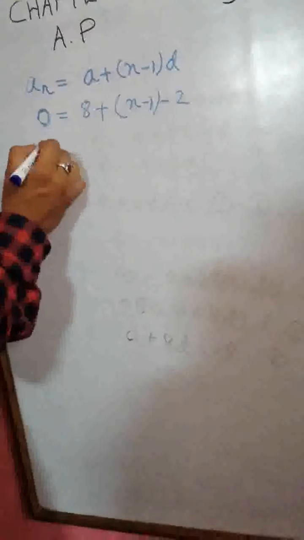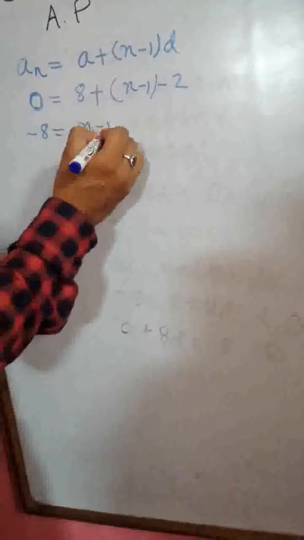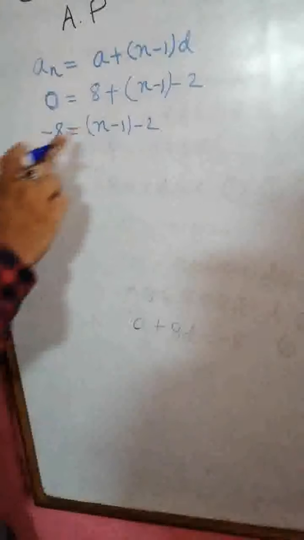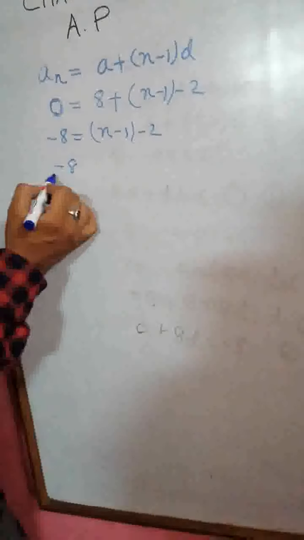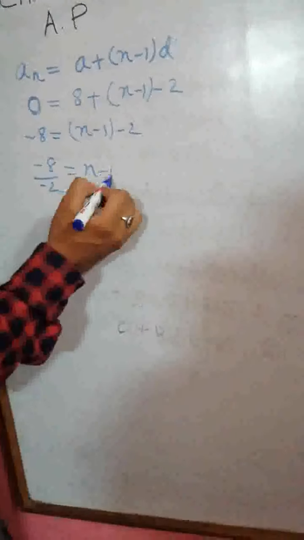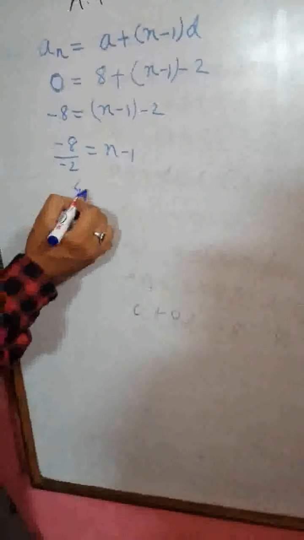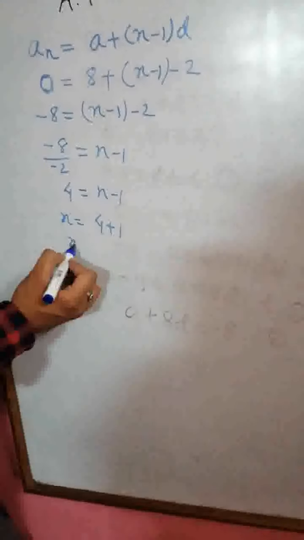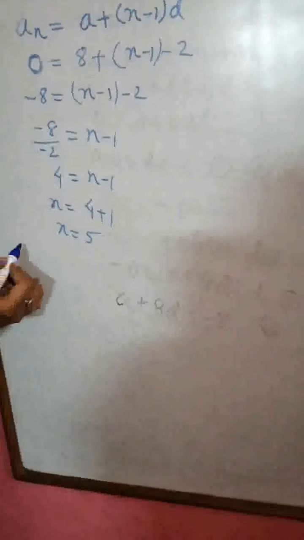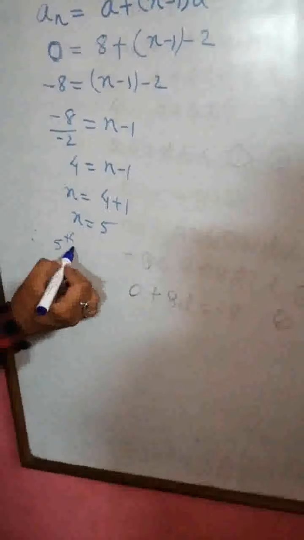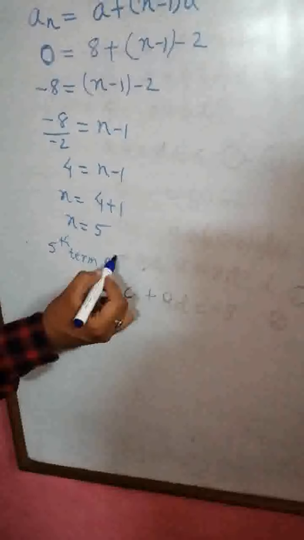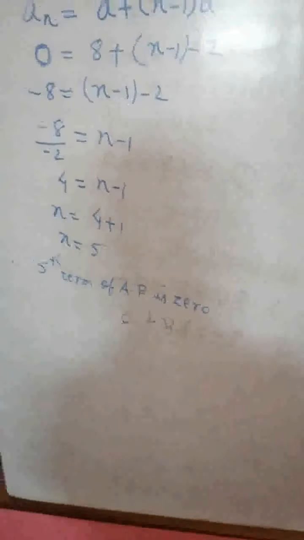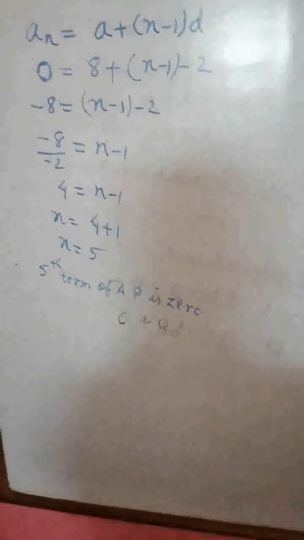So 8 will transpose to the other side, it becomes minus 8 equal to n minus 1 times minus 2. Now this minus 2 will come in the denominator, so minus 8 divided by minus 2 equal to n minus 1. Minus and minus cancel, it will be 4 equal to n minus 1. N equal to 4 plus 1, so n is equal to 5. We write therefore the 5th term of the AP is 0.